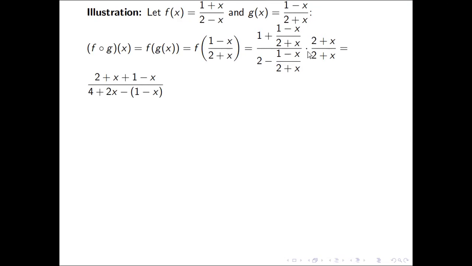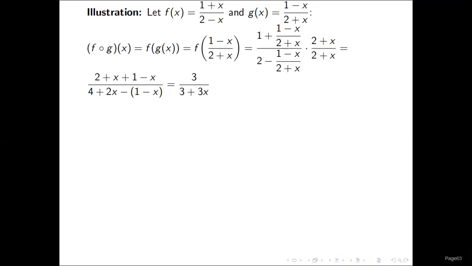Same thing for the denominator, distribute to 2. You get 4 plus 2x. Okay? Distribute to this. 2 plus x cancels out. You have 1 minus x. And then a minus the expression. So that minus has to be distributed. Okay so far?